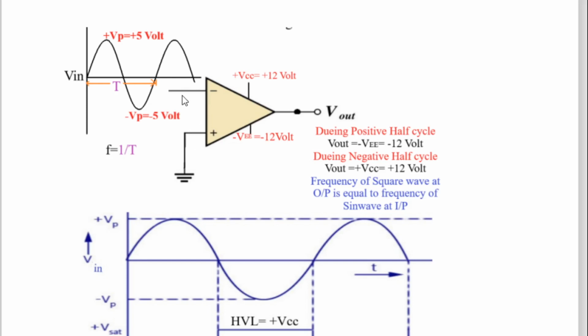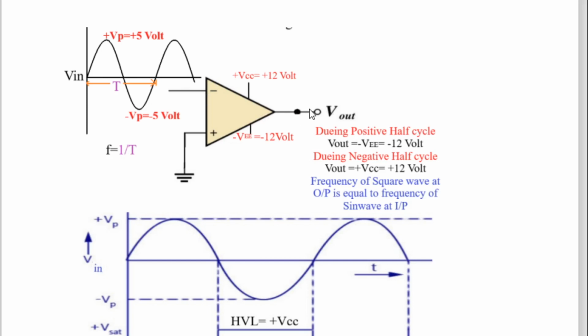Therefore, in this case, look at this. As soon as you apply the sine wave, for the entire positive half cycle of the sine wave, here it is written Vp as plus 5 volt. So from 0 to 5 volt and 5 volt to 0, this voltage is greater than 0 because the other terminal is permanently 0. Therefore, the voltage at the inverting terminal of the op-amp is greater than 0 during the positive half cycle.